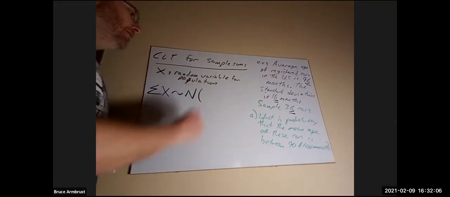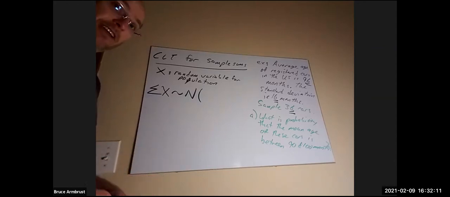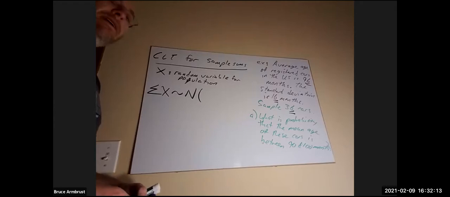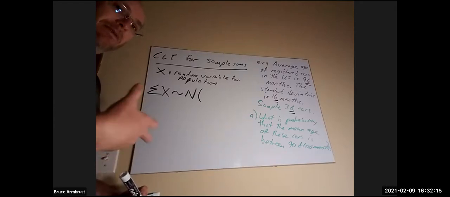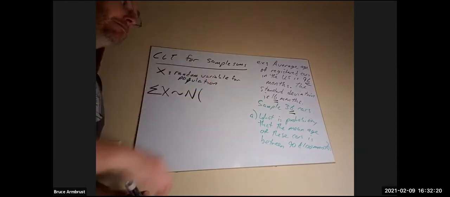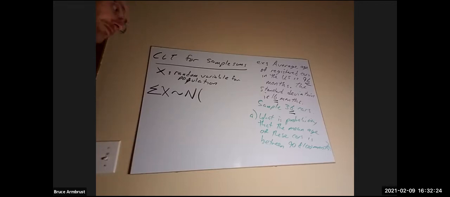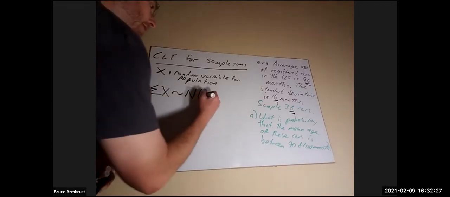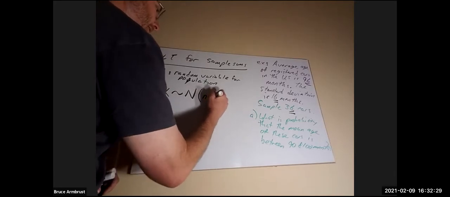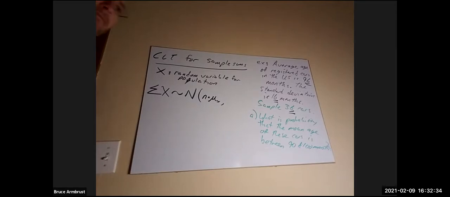All right, so then the question is, what do the mean and standard deviation look like for this one? Now, unlike the sample means, both of these have a different mean and standard deviation than the population, but they're both related to it. The mean is going to be n times the population mean. If you think about this one, it should make total sense.